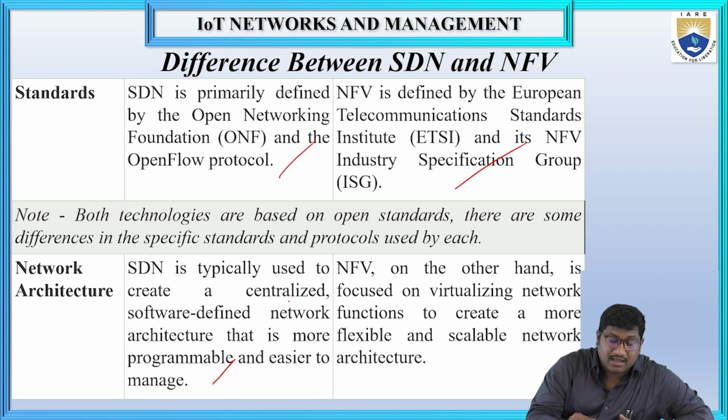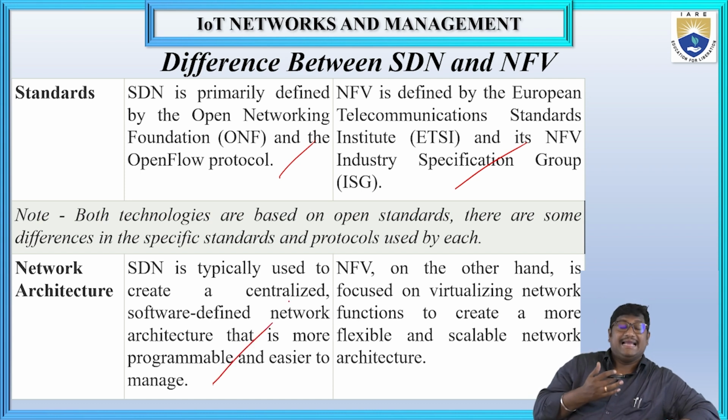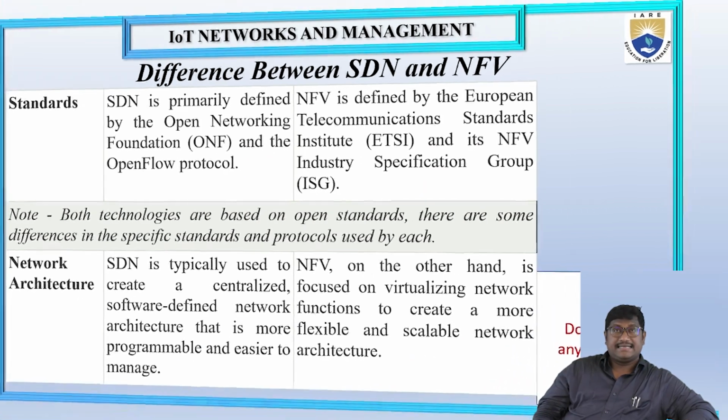Coming to network architecture, SDN is typically used to create a centralized software defined network architecture which is more programmable and easier to manage. NFV, on the other hand, is focused on virtualized network functions to create a more flexible and scalable networking architecture, guys.